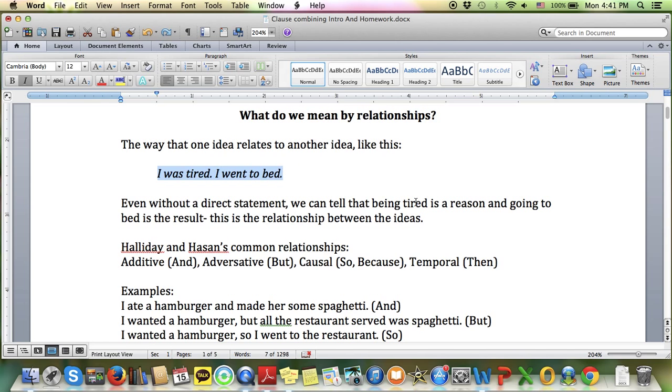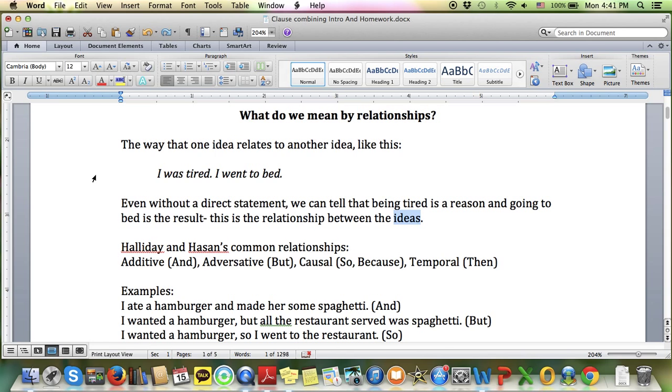That's what's going on. So we have a relationship here of this one causes this one, or we could say this one is the result of this one right here. Being tired is a reason, and going to bed is the result. That's what we mean by the relationship between ideas.